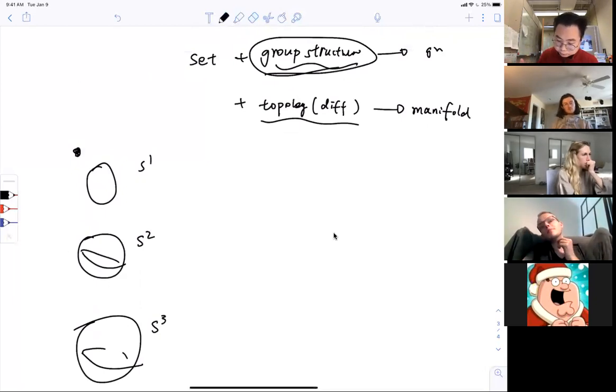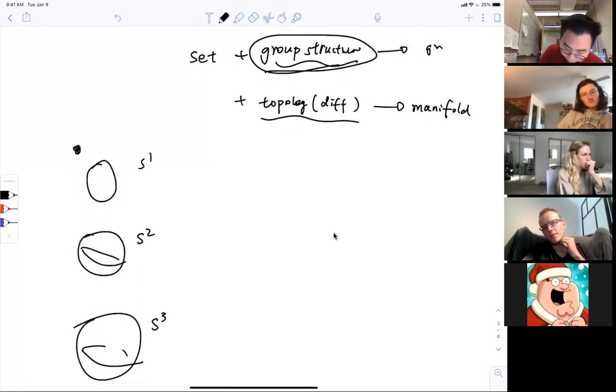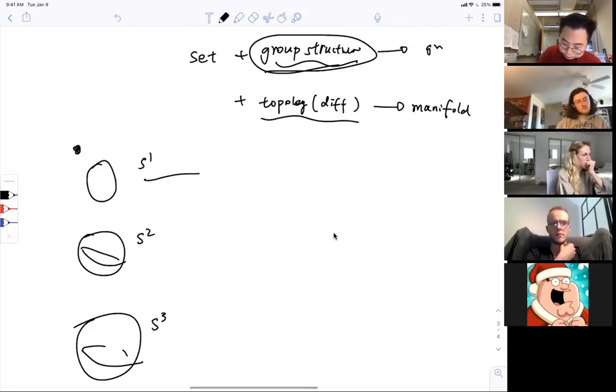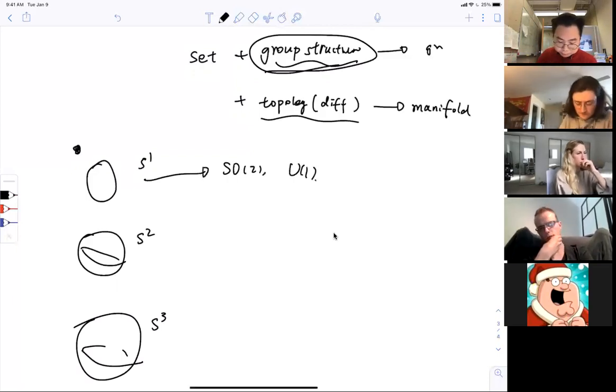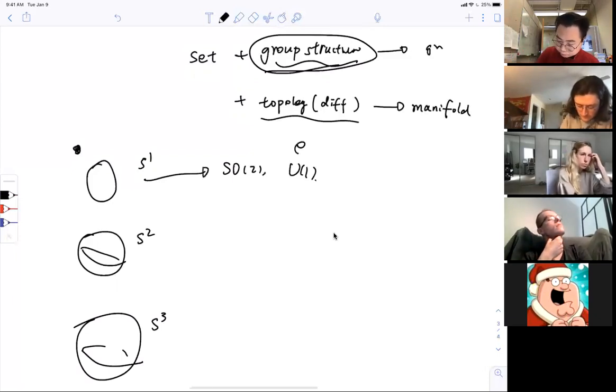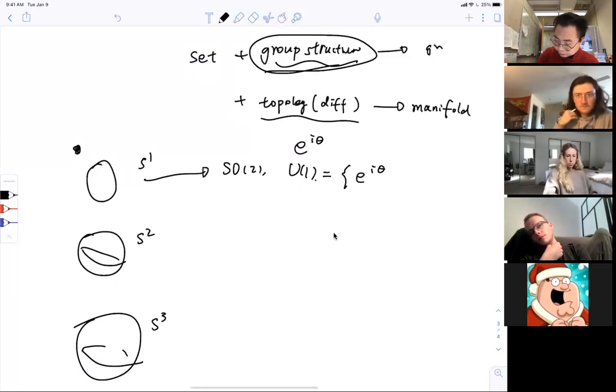The answer is no. For S1, we can add a group structure, and the corresponding Lie group is SO2, or U1, doesn't matter, they're the same, because U1 is just a phase change. We can parameterize this group using e to the i theta, where theta is from 0 to 2 pi.